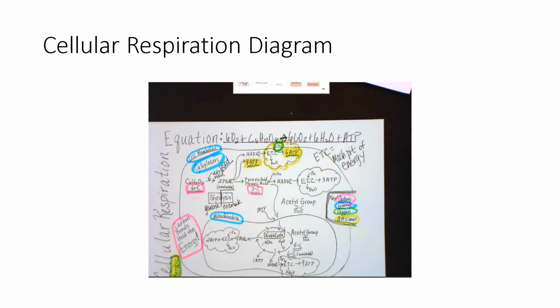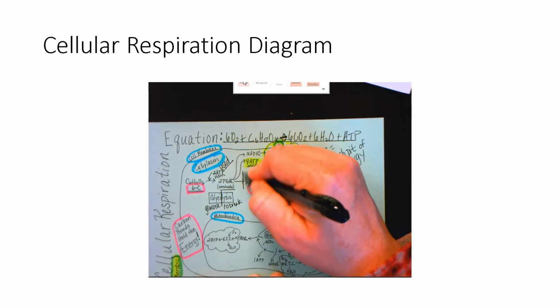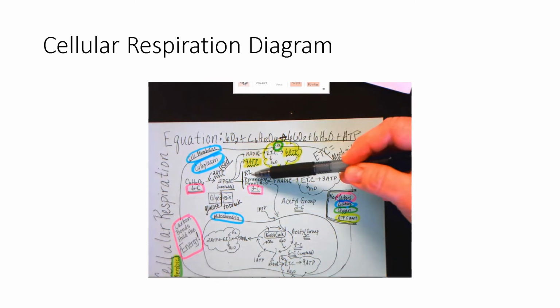Instead of a 6-carbon molecule, it's now a 3-carbon molecule. In the video we'll watch in a minute, they'll call it pyruvate, but it's the same thing, pyruvic acid. How many pyruvic acids are there? 2. Do you see how I wrote it twice? So that means from here on out, everything that happens past this pyruvic acid happens twice for each glucose molecule.